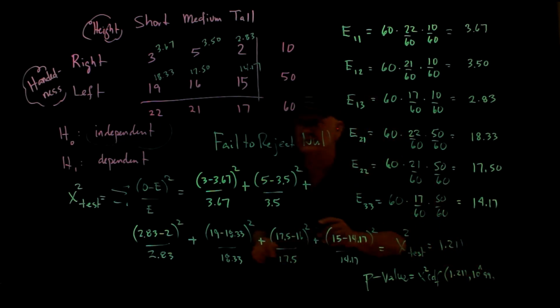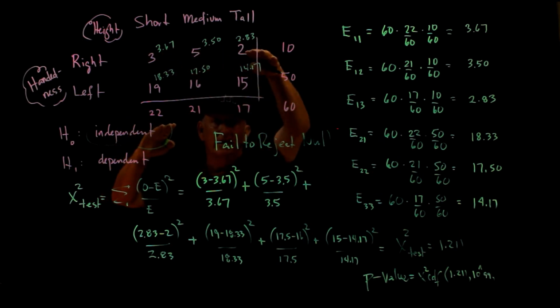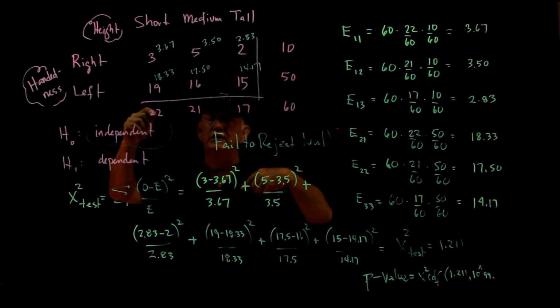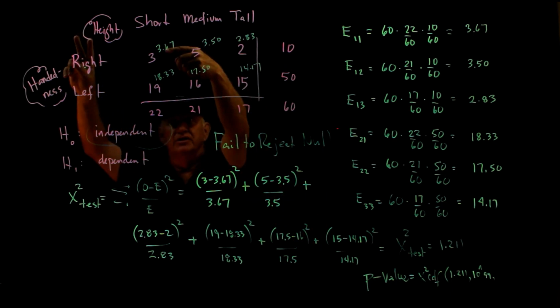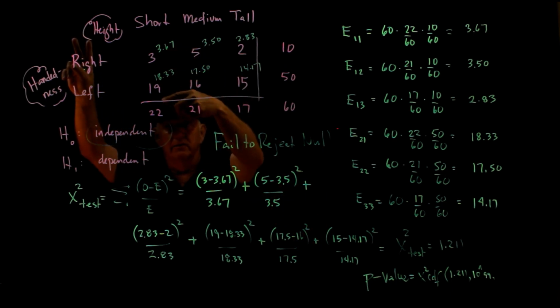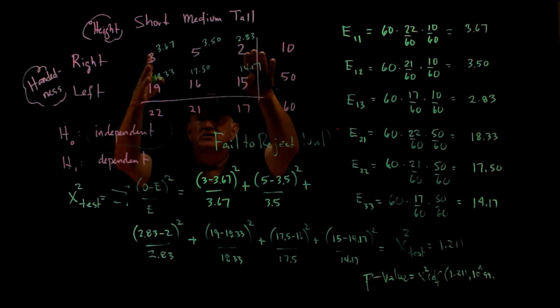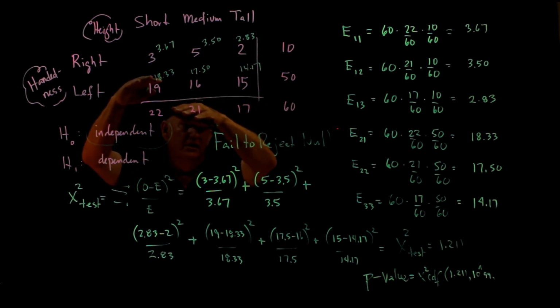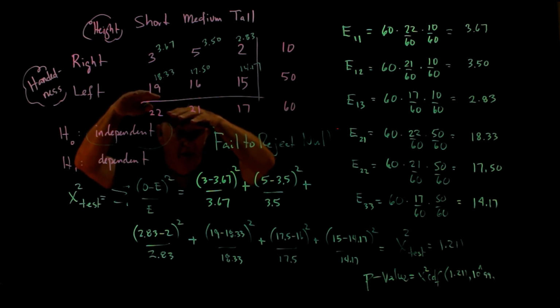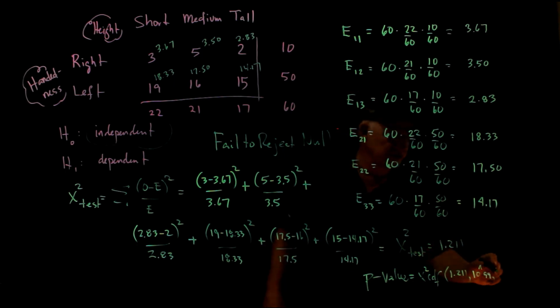And the degrees of freedom for these independence tests are the number of row categories, in this case 3, minus 1, 2, times the number of column categories, 2 minus 1, 1, 2 times 1. So it's the number of categories minus 1 along the rows times the number of categories minus 1 along the columns. Those two are multiplied. 2 times 1 is 2.